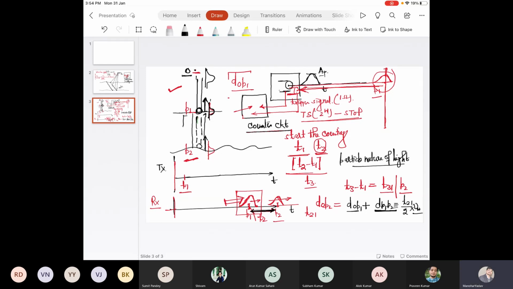So this is the reason why, sorry, this is D32, because the T3 we have at P2. So the time T32 divided by 2, and here the speed of light.